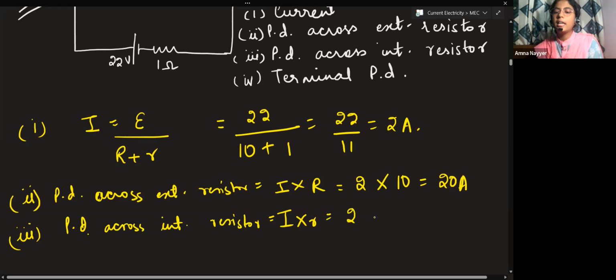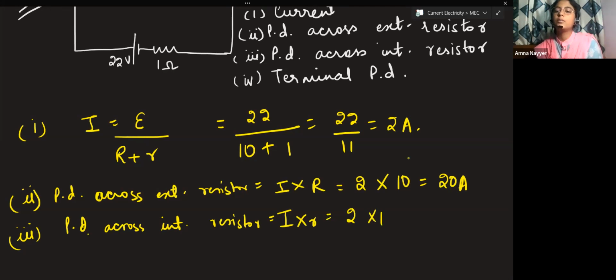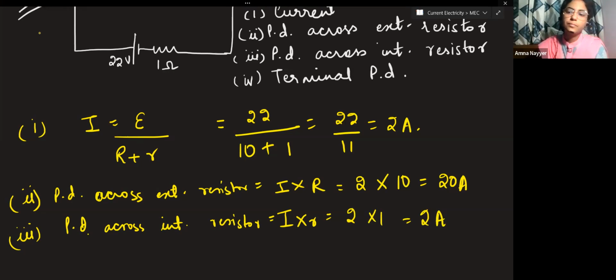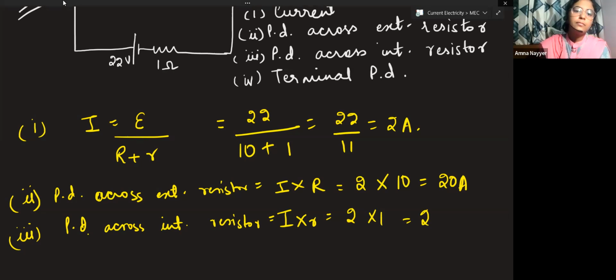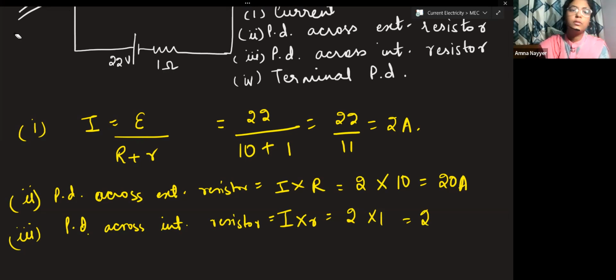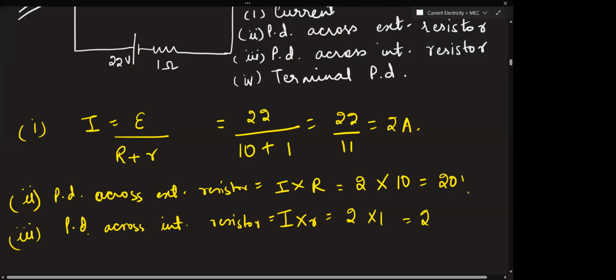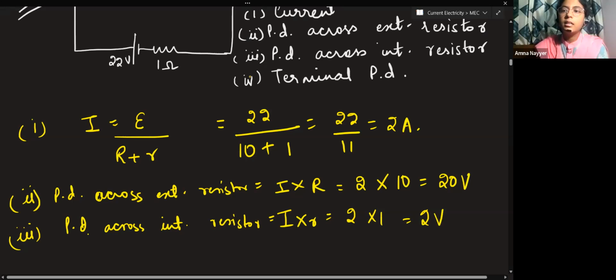So I is 2 amperes, small r is 1 ohm. So this becomes 2 volt. Here also it will be volt. Then you have to find out the terminal potential difference.